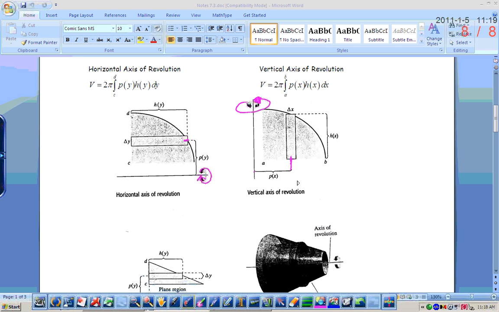And then on the bottom there is just a picture of what would happen if you rotated that through. So a couple of things here: your rectangle is always parallel to the axis of revolution.